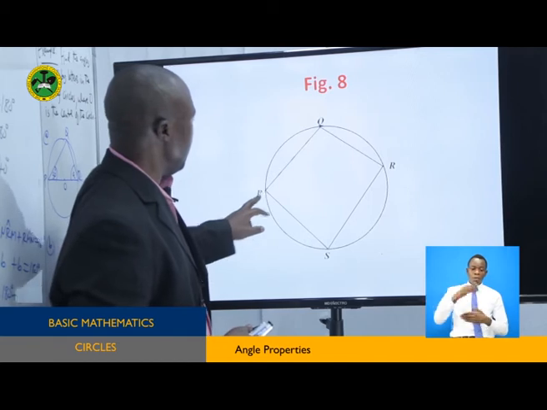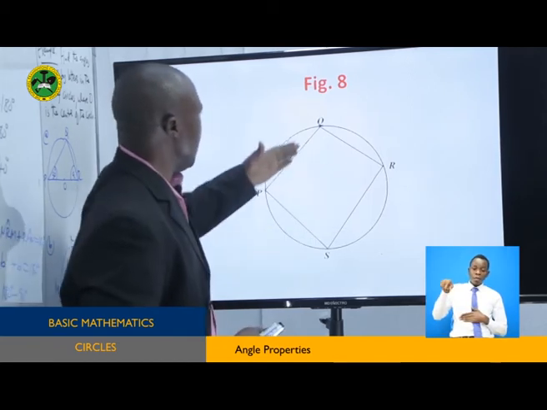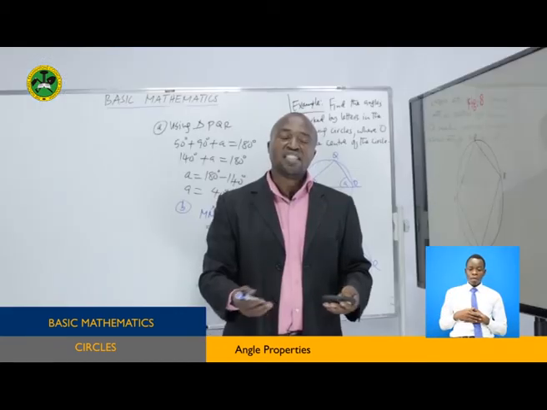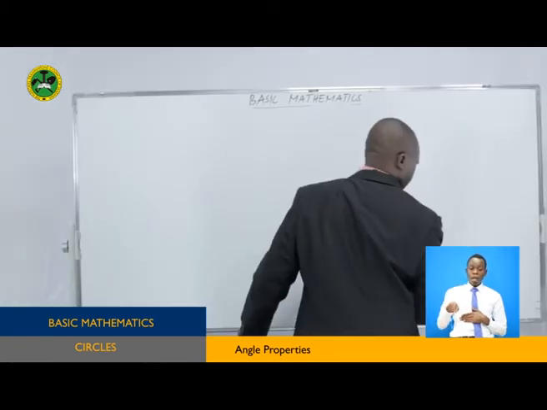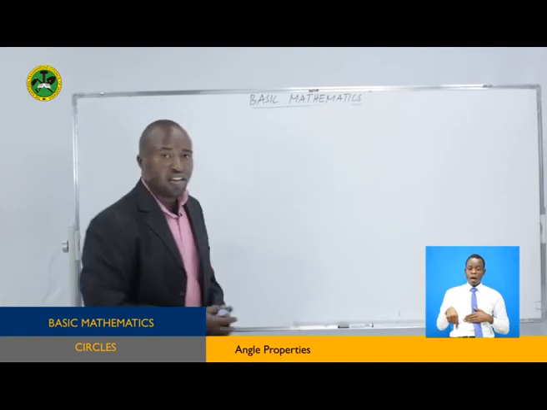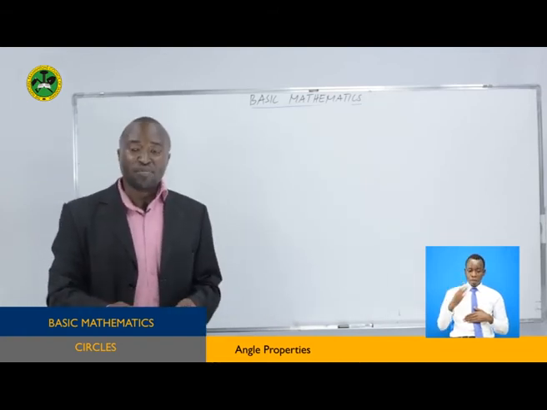So PQRS is a four-sided figure which is inscribed in a circle. Now students, let us prove this important theorem.